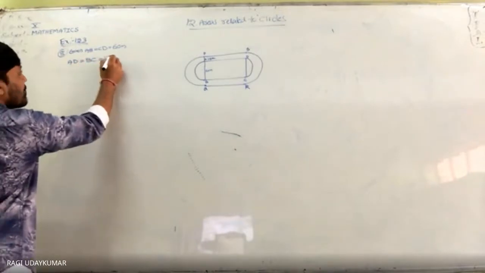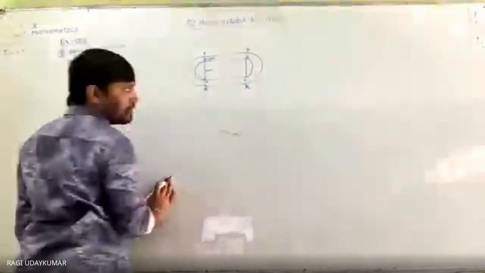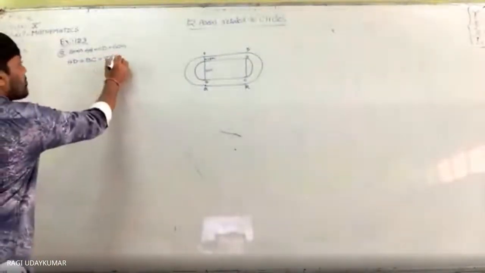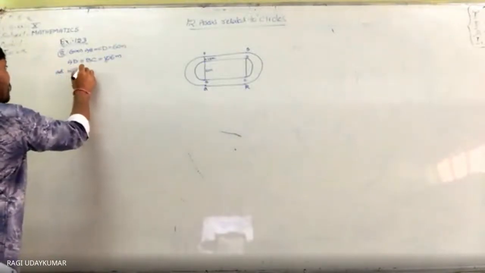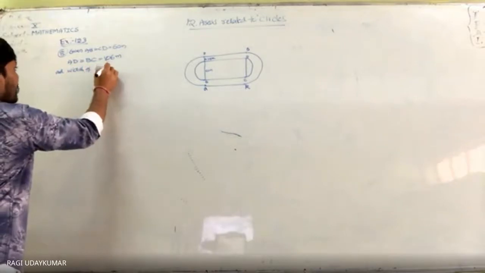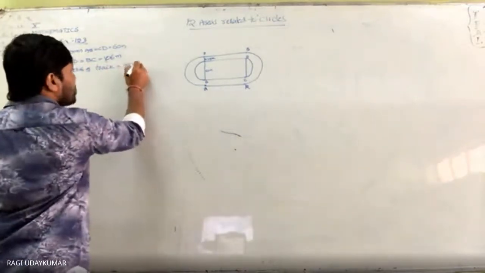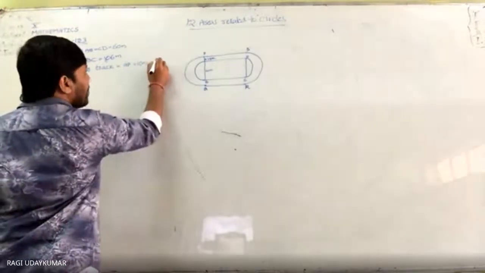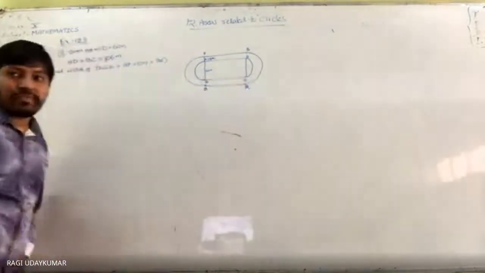Even PS and QR are also equal to the same length, that is 106 meters. And the width of the track is AP equals 10 meters. Not only AP, this will be equal to DS also, and BQ and CR.